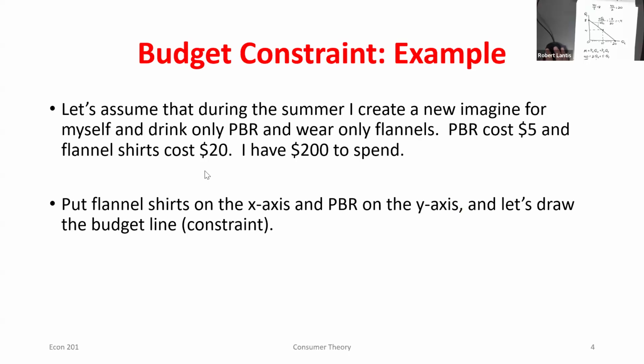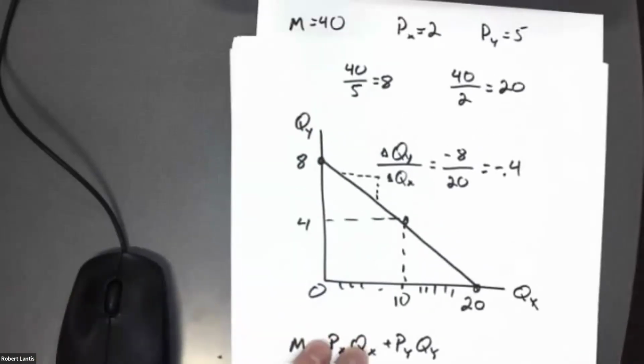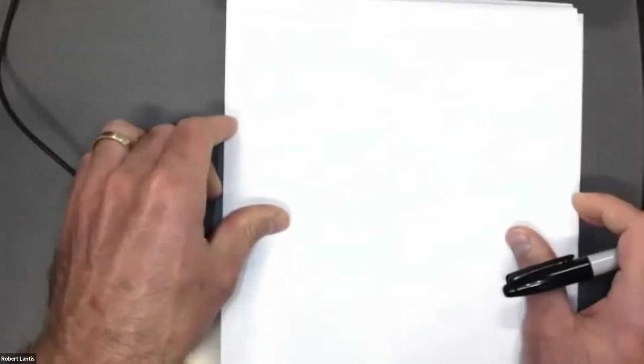So I'm going to assume, just for the sake of this example that we'll work through in class, that I've got flannel shirts on my x-axis and PBR here on my y-axis, okay? So I want to draw out this budget constraint, okay? So we'll have it here, but I'll draw it out for you by hand as well, okay?